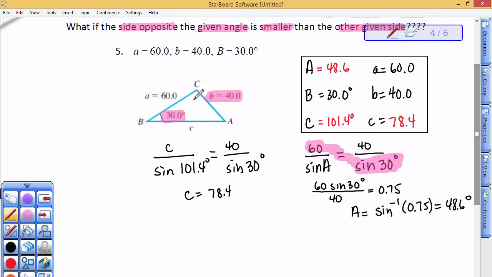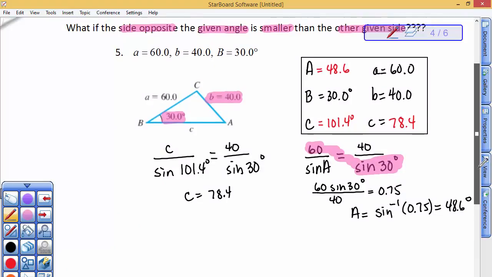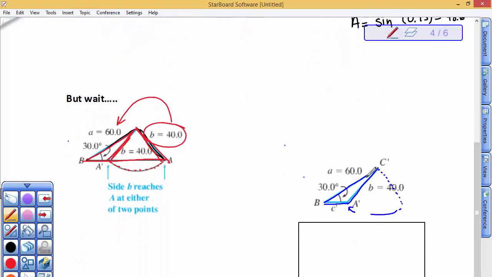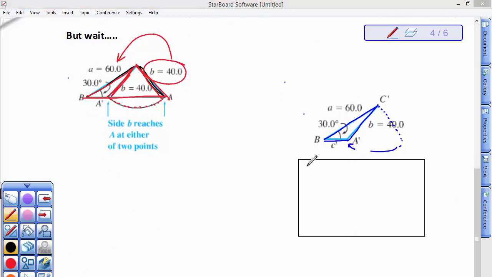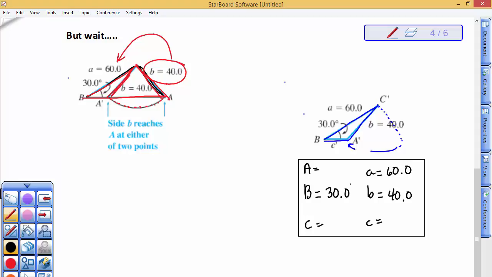Angle C turned out to be 78 degrees. In this new picture, angle C is going to be in the teens. But dang, the data is the same. We still have angle A, angle B, angle C, side A, side B, side C, and we still have a 40 for here, a 60 for here, and angle B was 30 degrees.